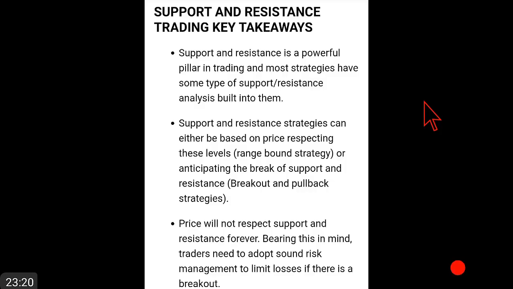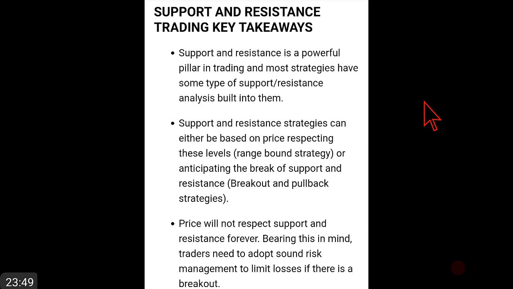So all right, guys, in conclusion, the takeaways you can know about support and resistance are these. Support and resistance is very powerful, and in many analyses, support and resistance is taken into consideration.